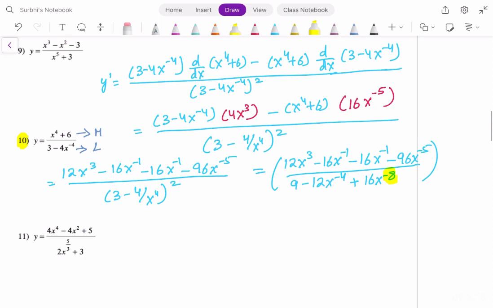So let's multiply numerator and denominator by x to the power of 8. Why? Because I need to get rid of the negative exponent. So if I multiply and divide by x to the power of 8, it will help us to get rid of negative exponents. And the equation will look a little bit more cleaner.